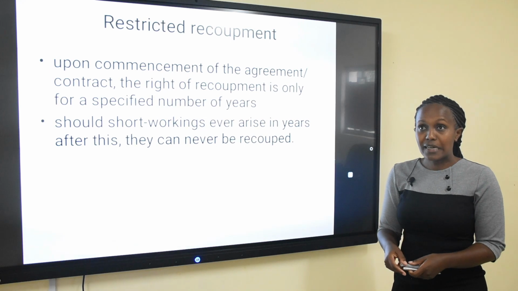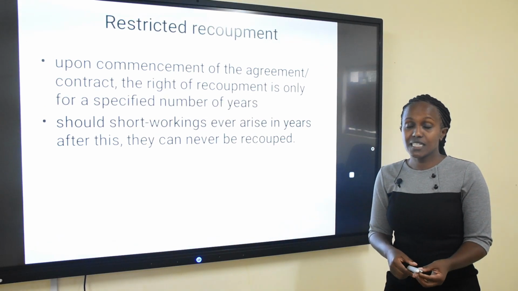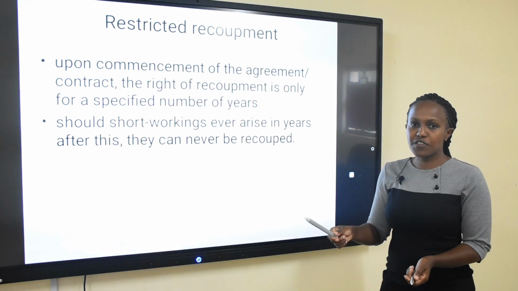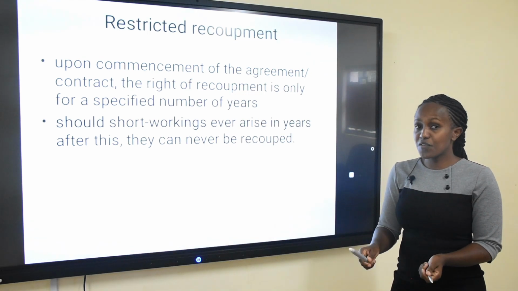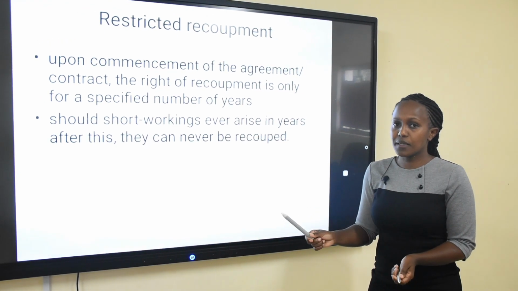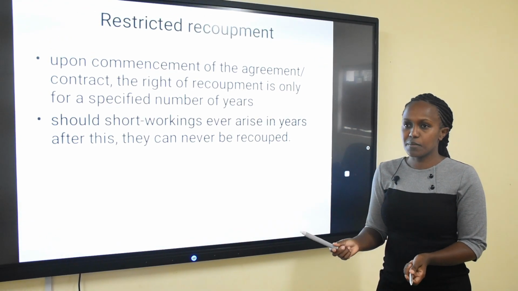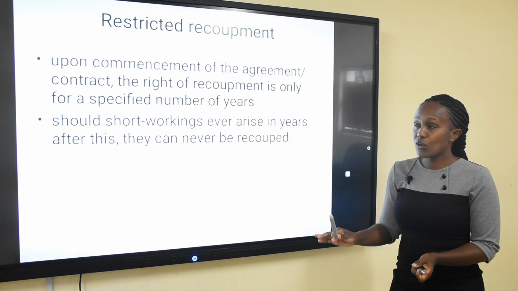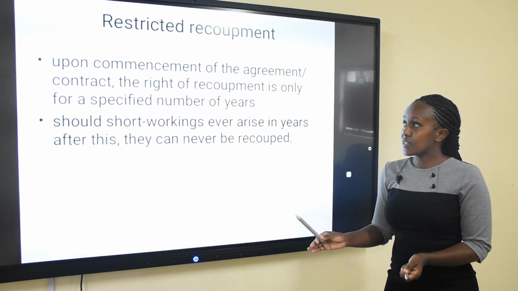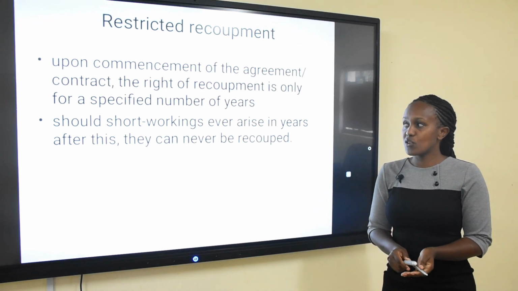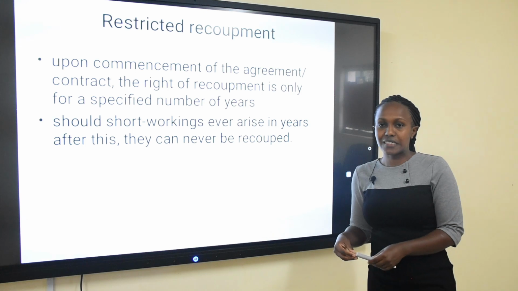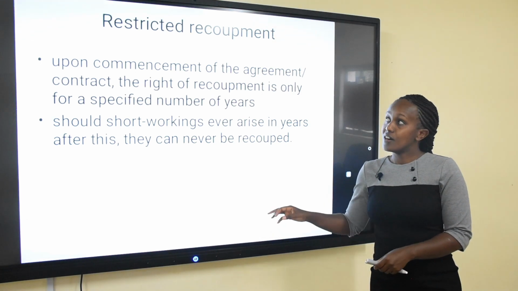For example, the landlord may tell the tenant, I'm only allowing you to recoup your short workings for the first 5 years. So after the 5th year, the right is over. If he makes any more short workings, he cannot recover them. He has to write them off. So a restricted right of recoupment is where the right is restricted to a period of time, like I've explained, maybe 5 years, 2 years, 3 years, and so on.